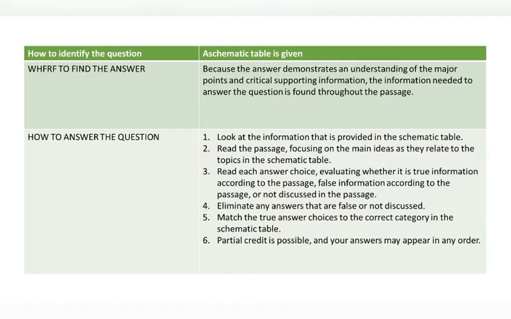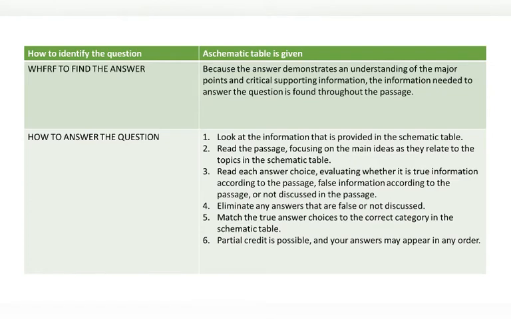Number 1, look at the information that is provided in the schedule table. 2, read the passage, focusing on the main ideas as they relate to the topics in the table. 3, read each answer choice, evaluating whether it is true information according to the passage, false information according to the passage, or not discussed in the passage. 4, eliminate any answers that are false or not discussed. 5, match the true answer choices to the correct category in the table.